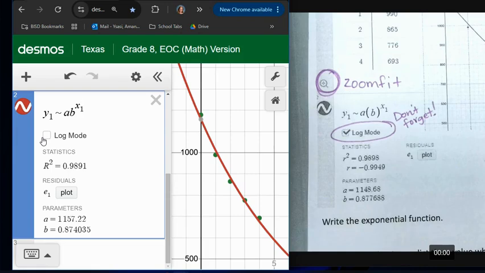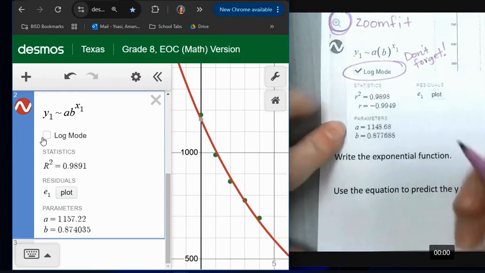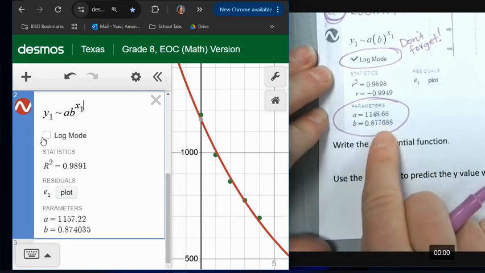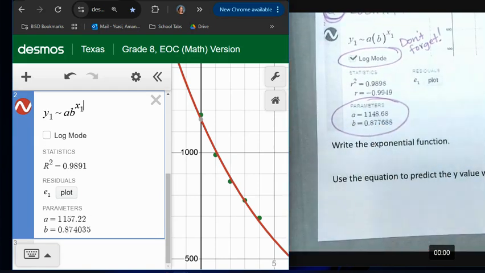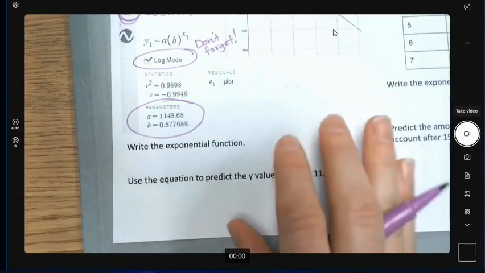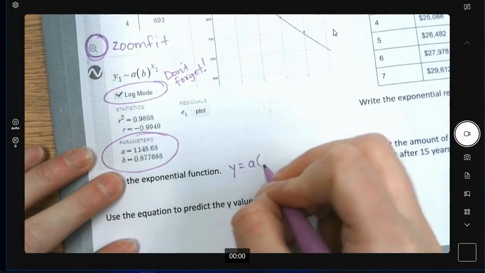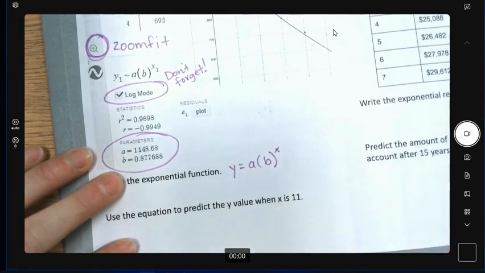So we're going to use the information that they give us from this to write our equation. So it gives us A and B. So circle those. So now we can write the function. Remember, it's y equals a times b to the x.